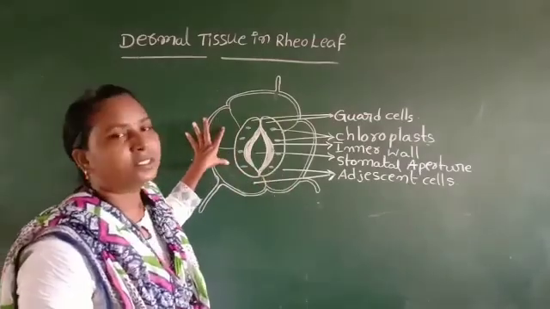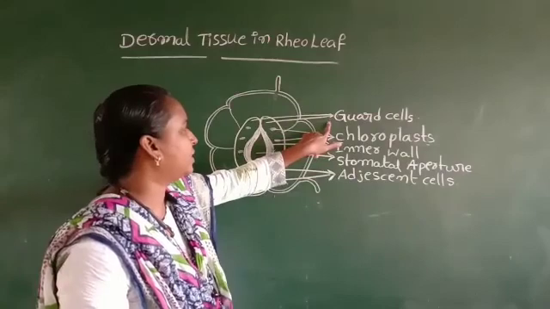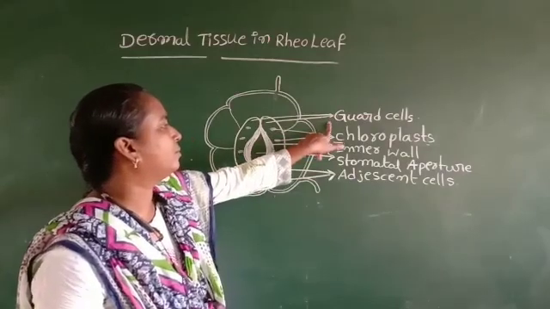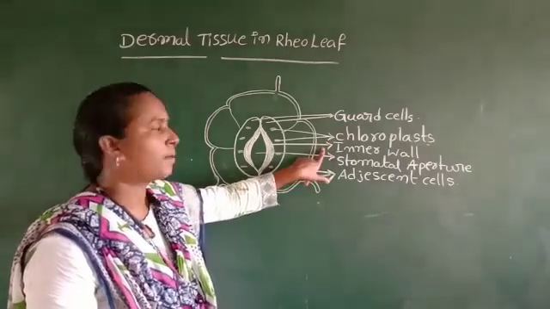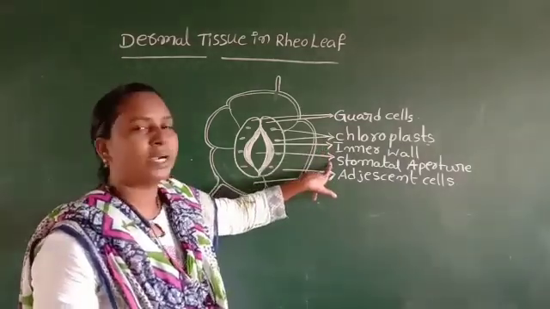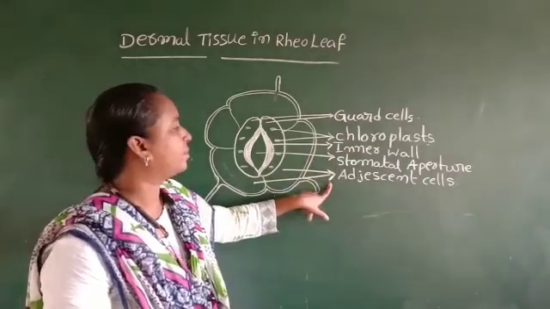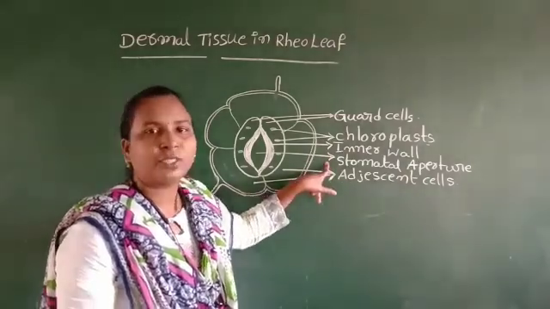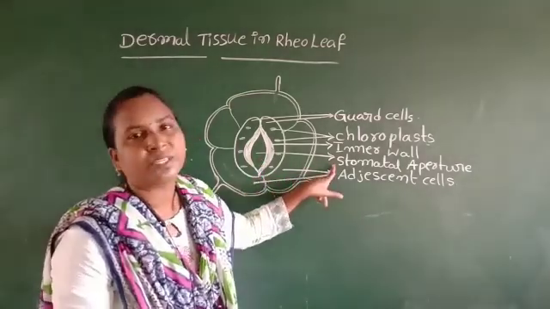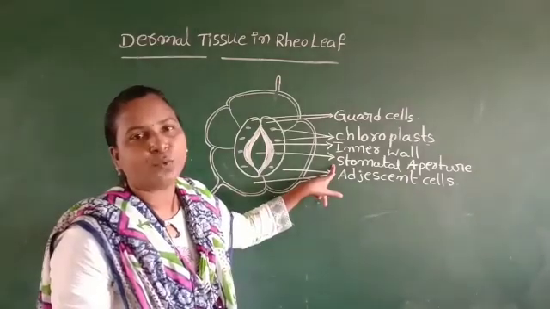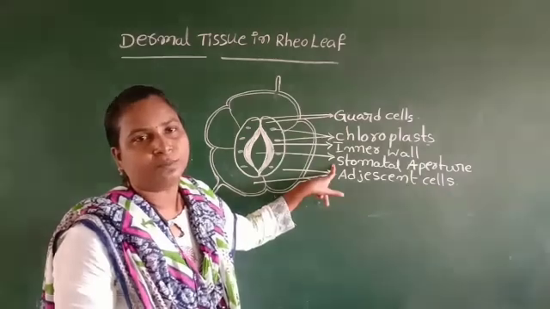Next we can observe guard cells on both sides of the stomatal aperture, and chloroplasts also. Number 2, chloroplasts. Number 3, inner walls. Number 4, stomatal aperture. Number 5, adjacent cells. This stomatal aperture is used for gaseous exchange and water exchange in the dermal tissue.